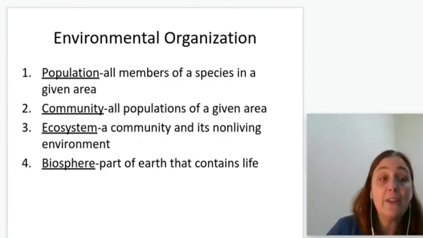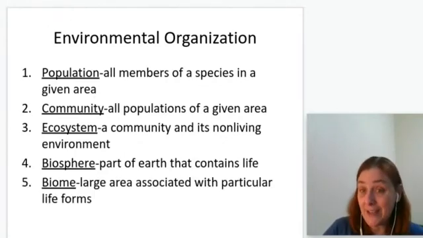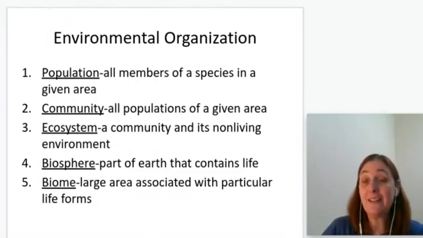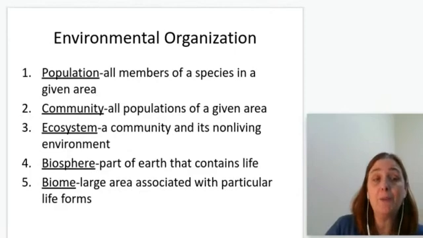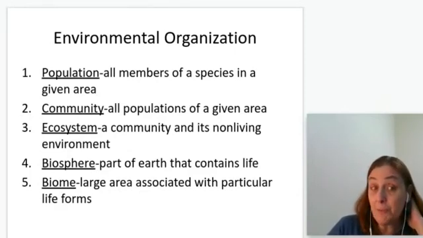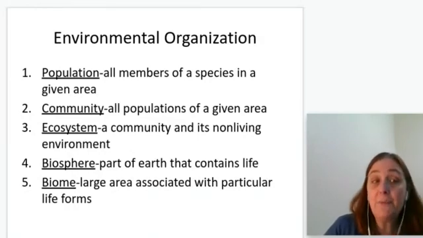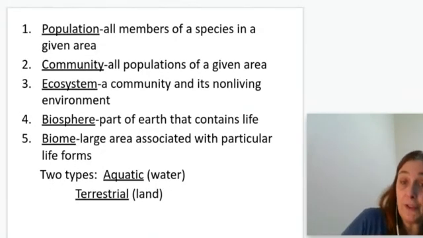And so those are called biomes, a large portion. You might go to the Southwest and it's all desert, and you're going to have cactuses and you're going to have reptiles, right? So that's a different biome. So a biome is a large area of the Earth associated with a particular type of life. And that can be either aquatic or terrestrial.